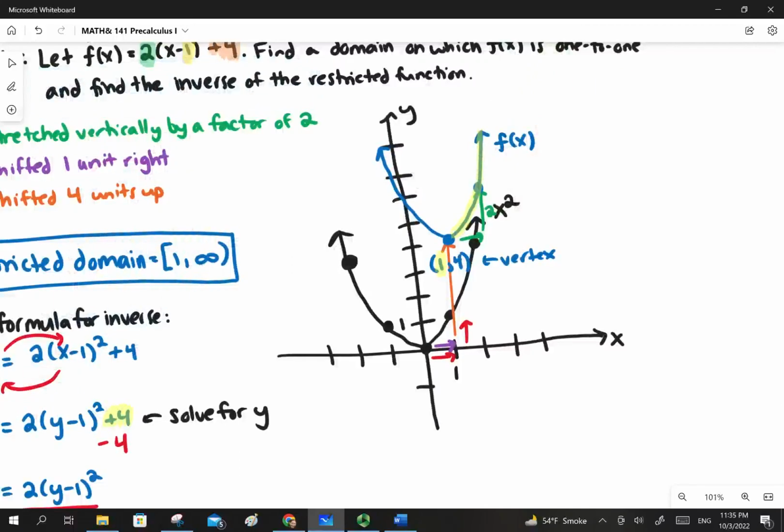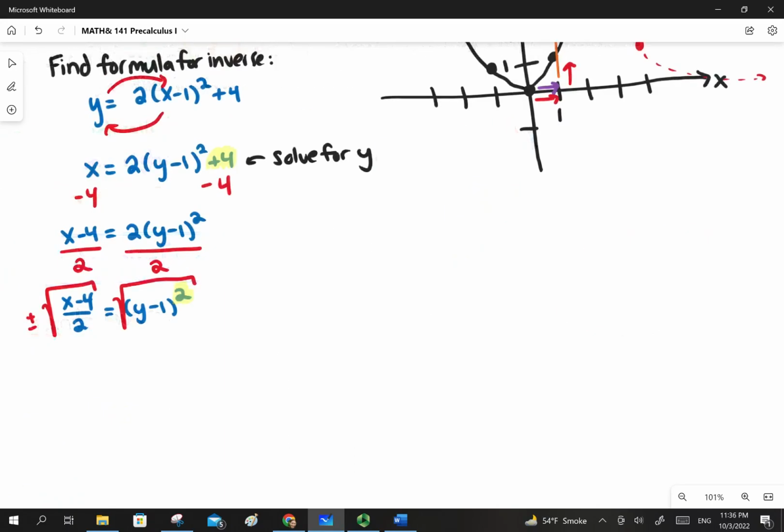But we've restricted our domain to take just the right half of the parabola, which means our inverse will be only the top half of the sideways parabola. The top half is going to come from the positive square root, not the negative. So we can just say that y minus 1 is the square root of (x minus 4) over 2.